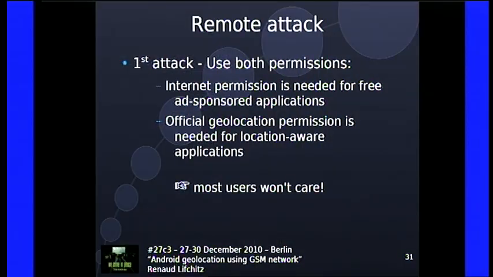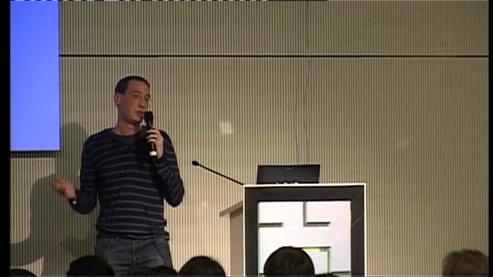So the first attack is using both permissions. Most users, in fact, won't care. Most users don't look at permissions and will install a game which uses the location permission and the internet permission, even if the game isn't related to internet or to location at all. Why?